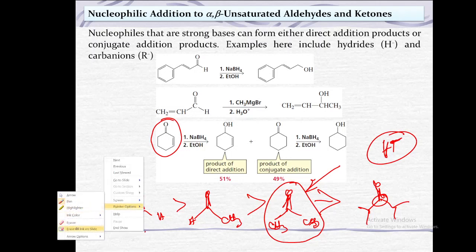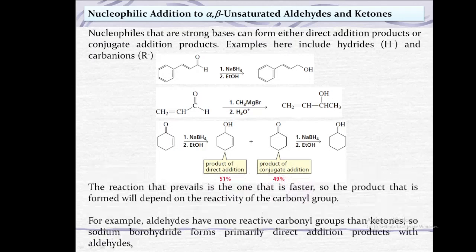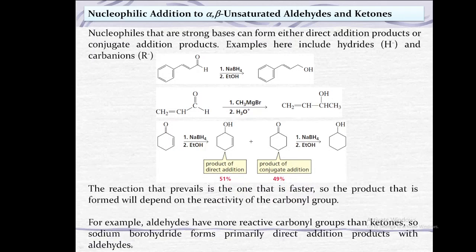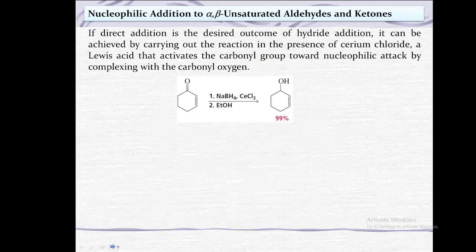The other things, however, that can be done is to direct our products, to determine what products we get for our reaction as much as possible. For example, what we are showing here, we have changed the reaction conditions from the previous reaction.